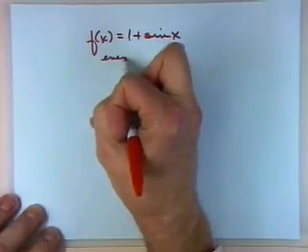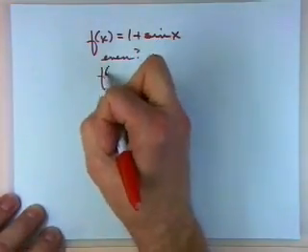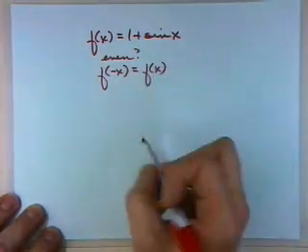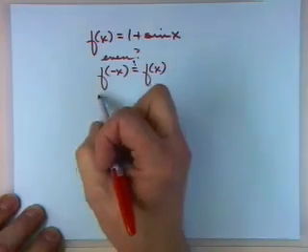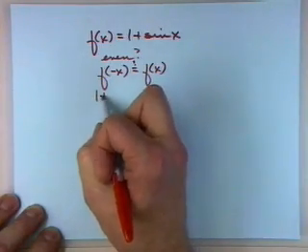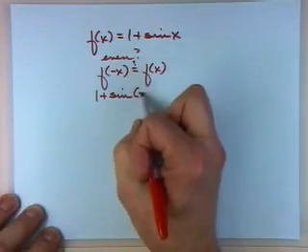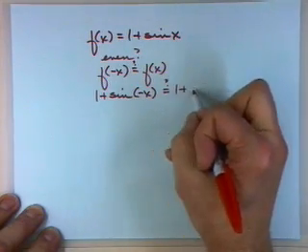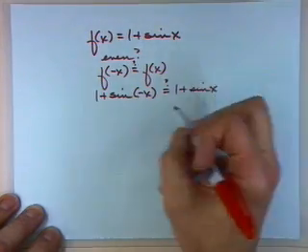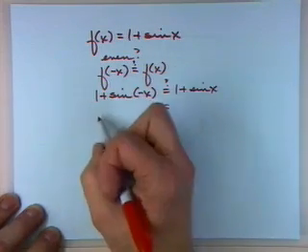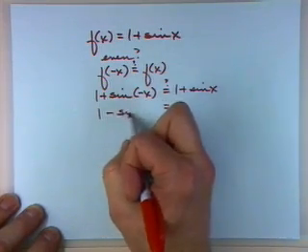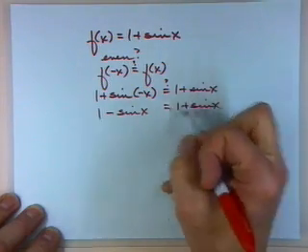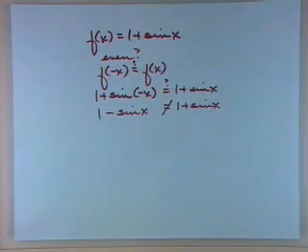Is it even? So is f of negative x the same as f of x? 1 plus sine of negative x, is that the same as 1 plus sine of x? Well, the sine of negative x is the same thing as negative sine of x. Those are not the same.